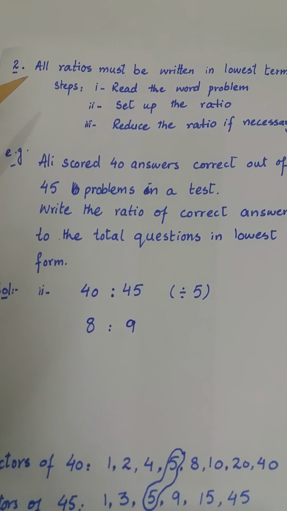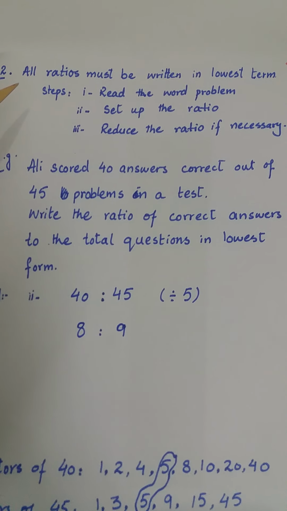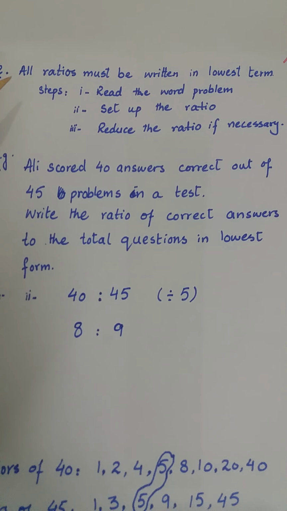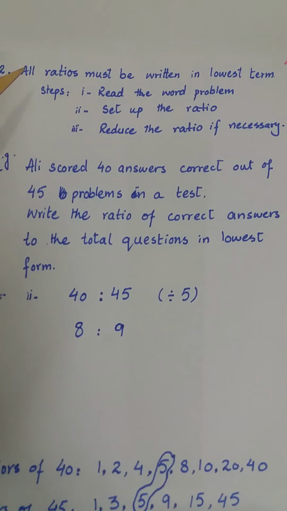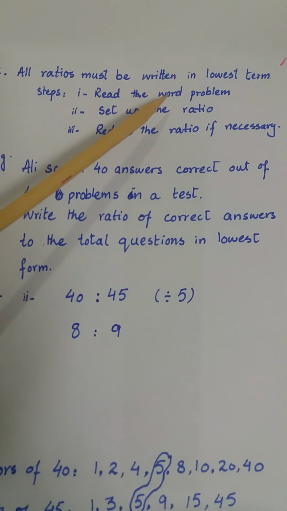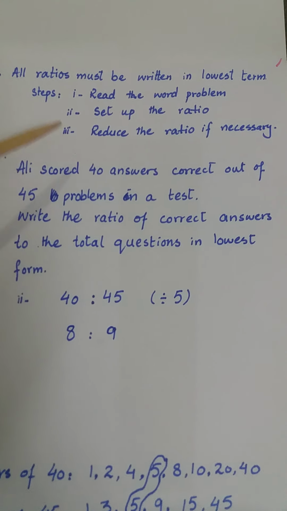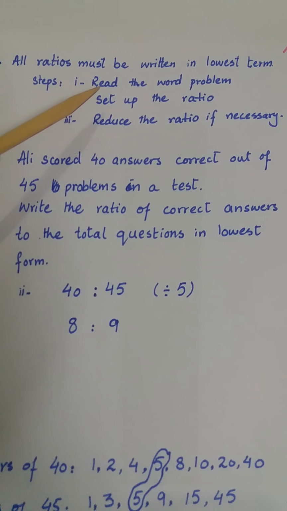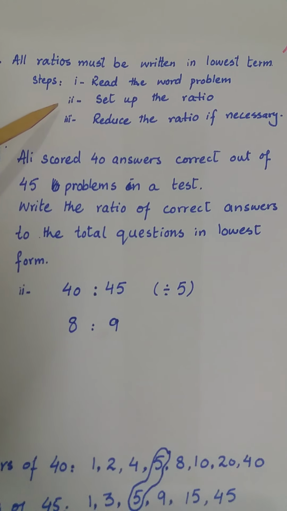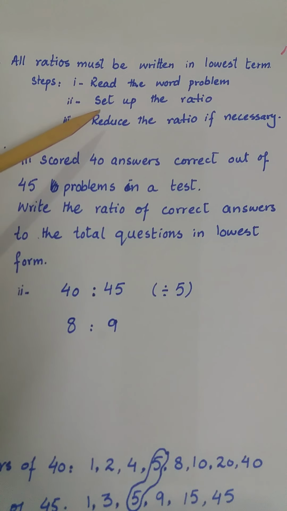The second and the most important rule is to give your answer all the time in its simplest form, in its lowest term. The second rule is all ratios must be written in lowest term. For this, you have to first read the word problem given. Then second, set up the ratio.